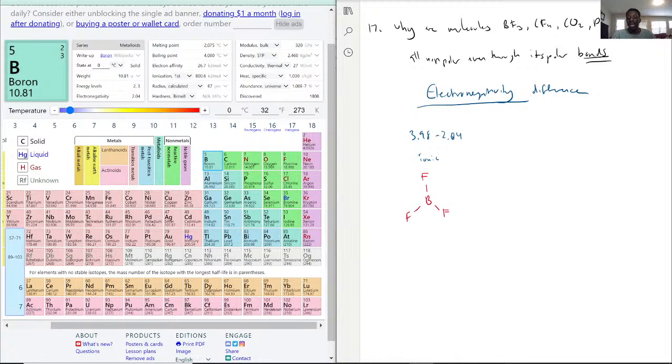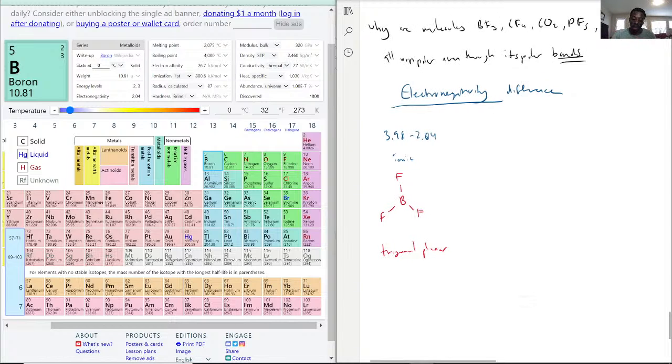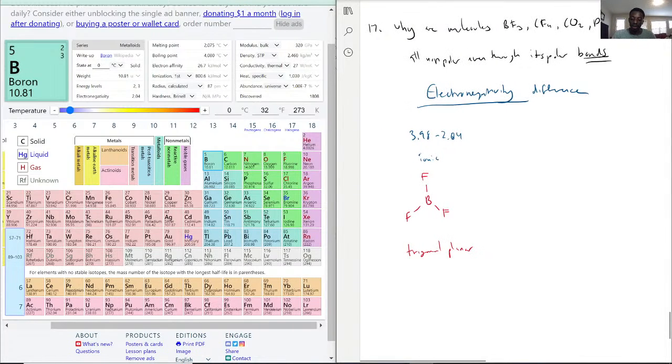The electron geometry for that is called trigonal planar, and coincidentally it is also the molecular geometry. Because it's literally flat, no matter how you look at it, this is a flat molecule.